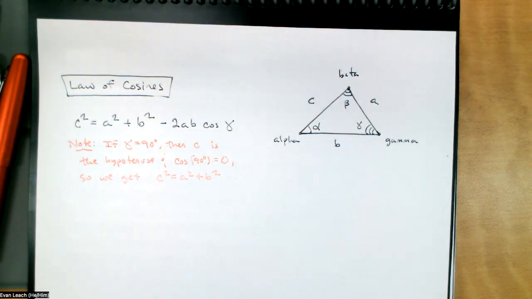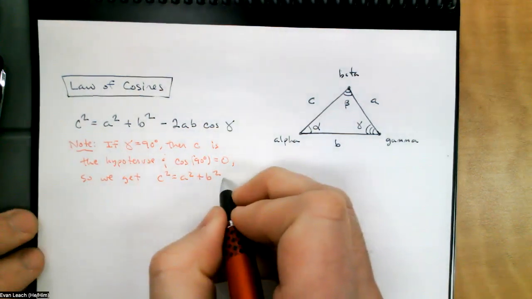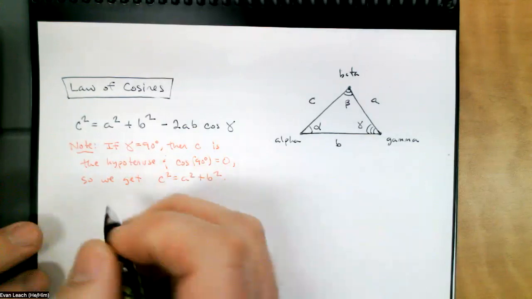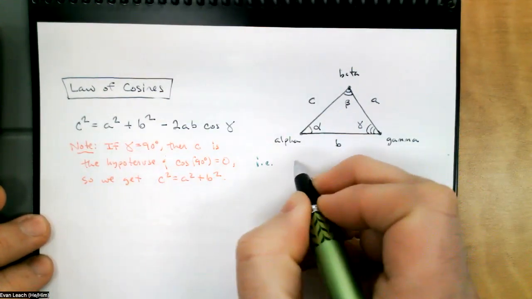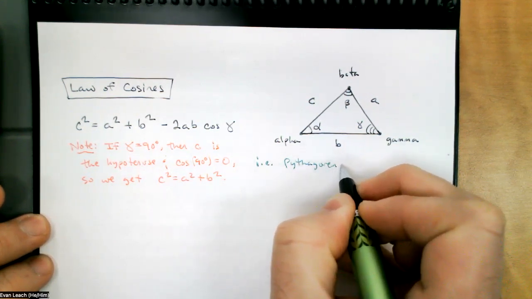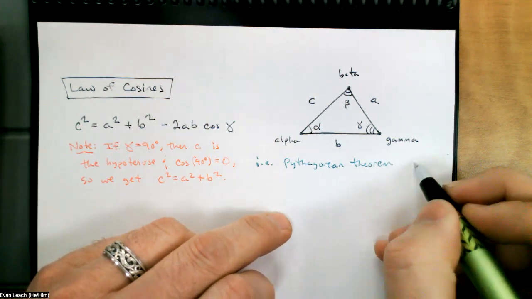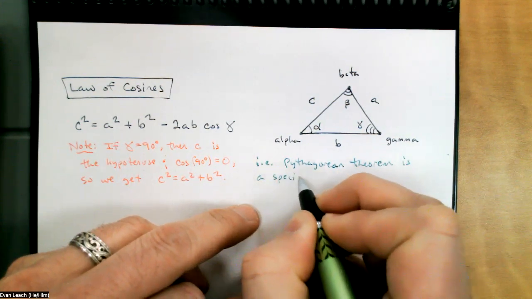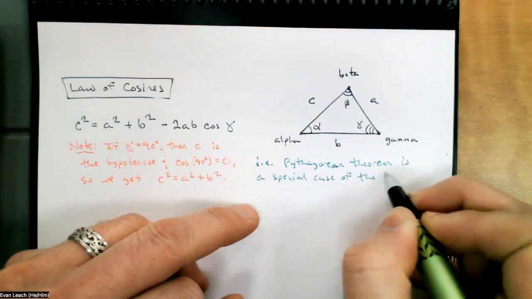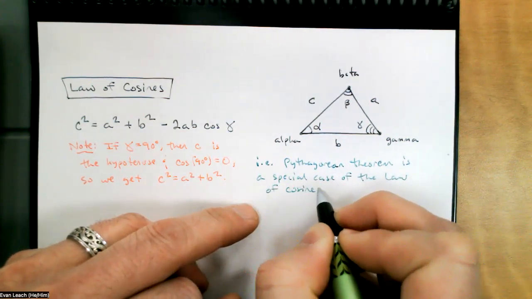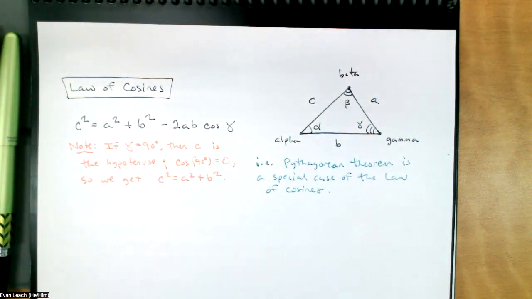So the Pythagorean theorem is just a special case of the law of cosines.